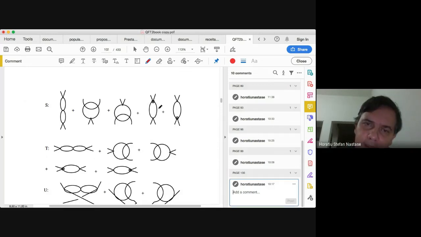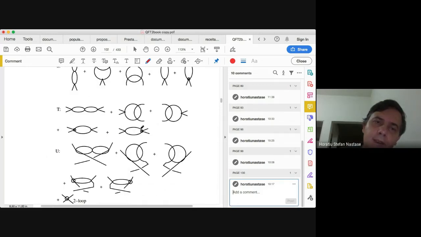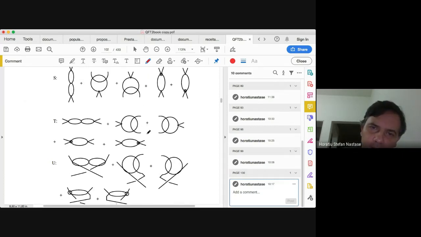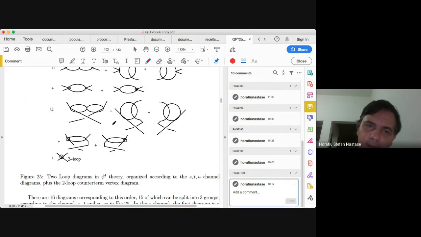And then, as we said, we have to add the one-loop diagram with one of the vertices being the one-loop counterterm vertex, so this one or this one. All right, and then the other ones are obtained by applying crossing into the T channel or into the U channel, meaning flipping the in and outs in this way.